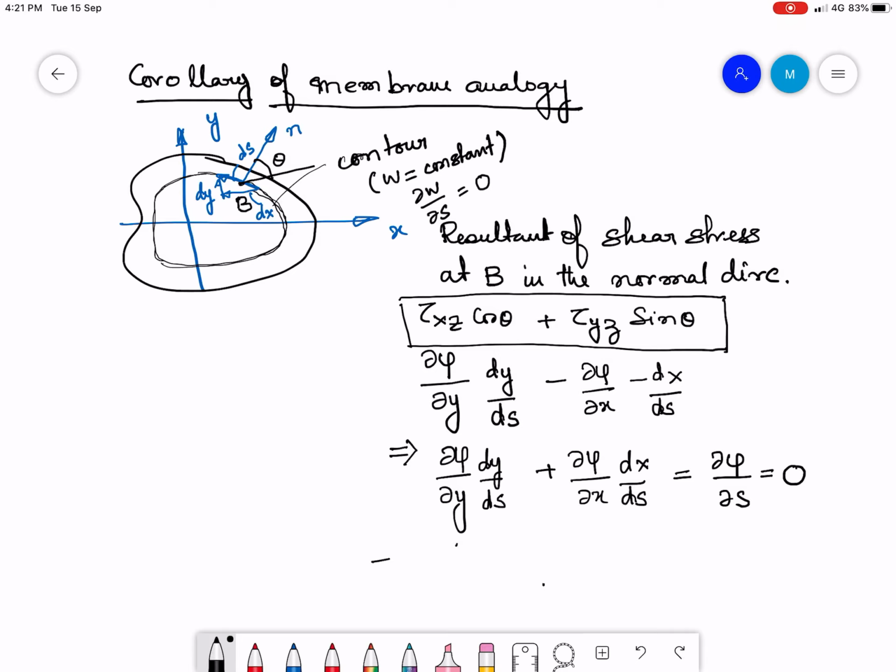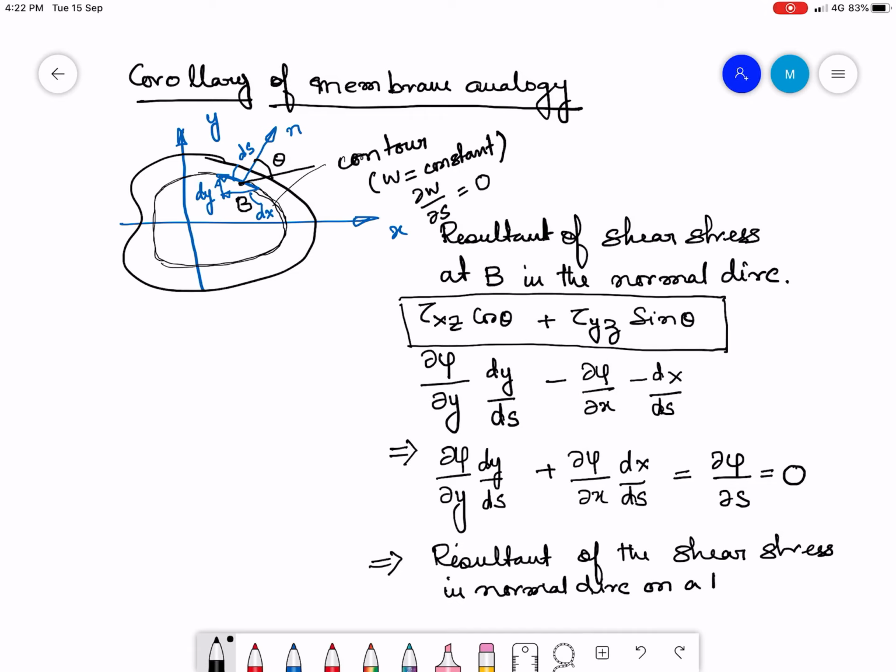Therefore, this implies that the resultant of the shear stress in the normal direction on a point on the contour line is zero.